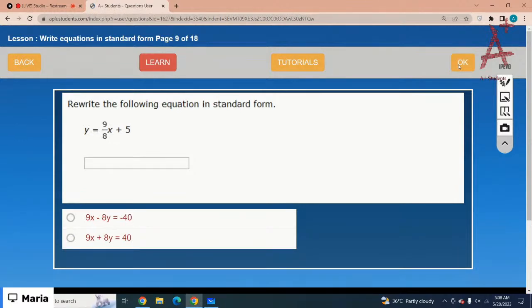Okay, rewrite the following equation in standard form. So it would be y equals 9 over 8x plus 5. So you have to multiply the equation by 8. It would be 9x minus 8y equals negative 40. Option number 1 is the correct option.